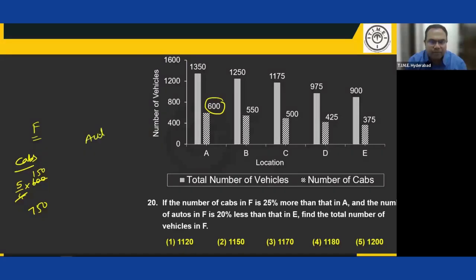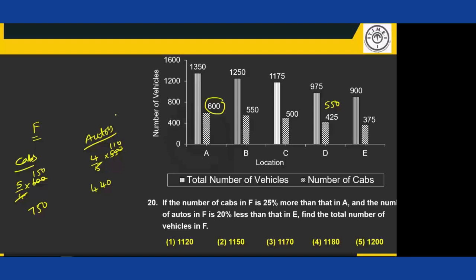Autos, 20% less than E. E autos are how many? 975 minus 425, so it has to be 550. 550 autos. F is having 20% less than this. 20% means 1 by 5 less, so it has to be 4 by 5 of 550. So 440. 420, sir. I made a mistake.